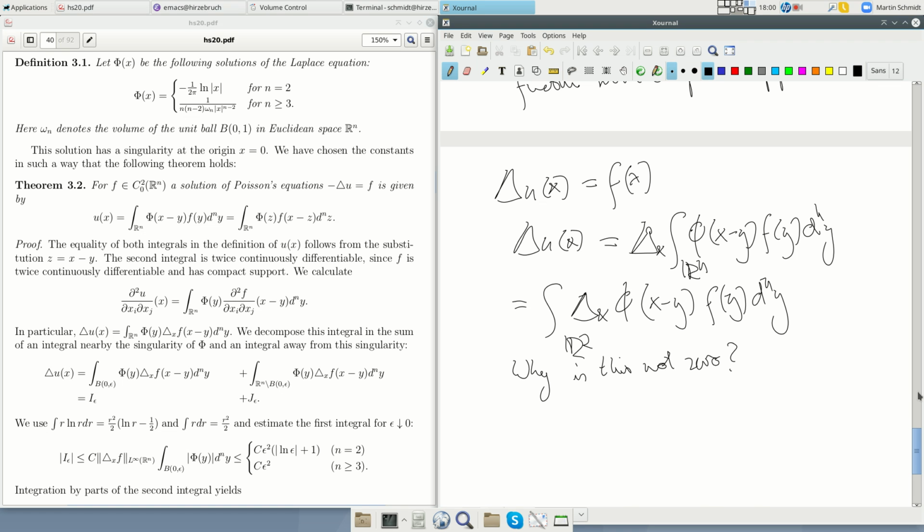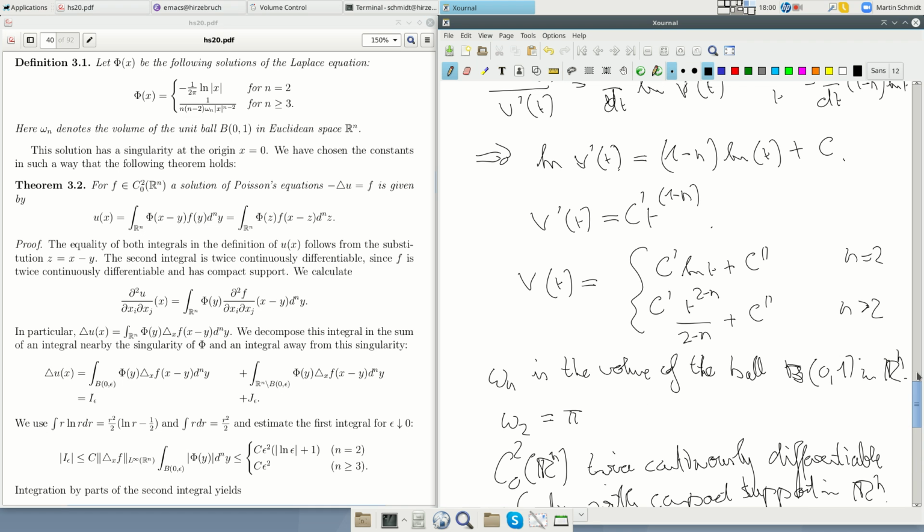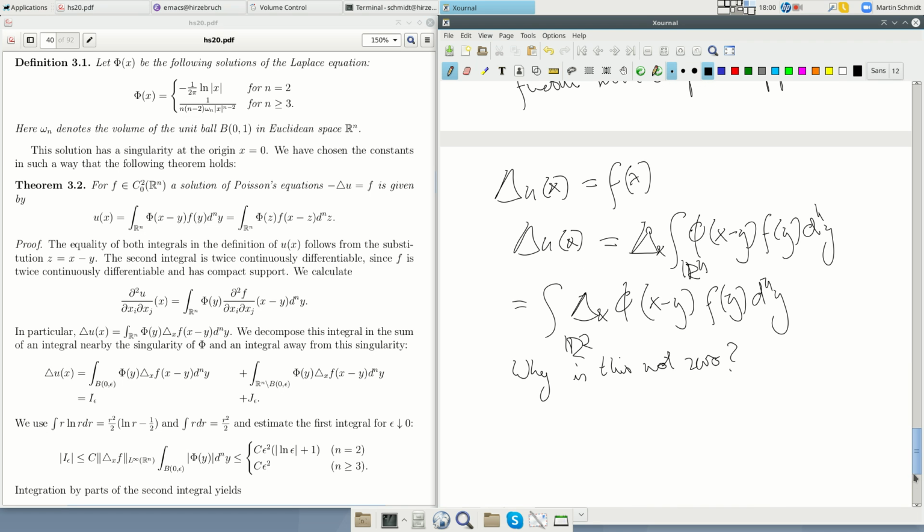Okay, let's have a careful look at our function. Our function phi has a singularity at 0. So there it does not obey, there it's not harmonic.